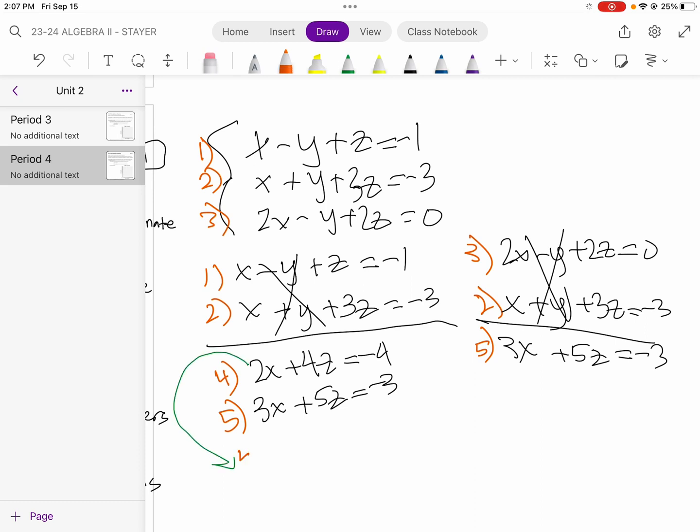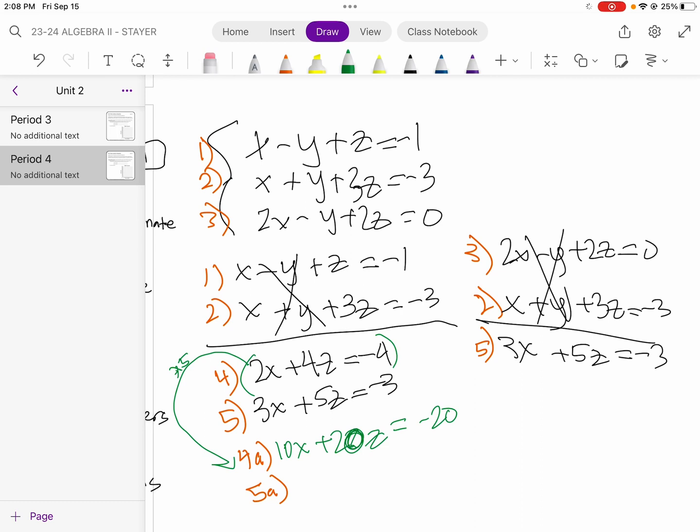Yeah. So I'm going to say this is 4a and 5a, right? Because it's really 4. But I'm going to multiply every single thing by 5. 10x plus 20z equals negative 20.